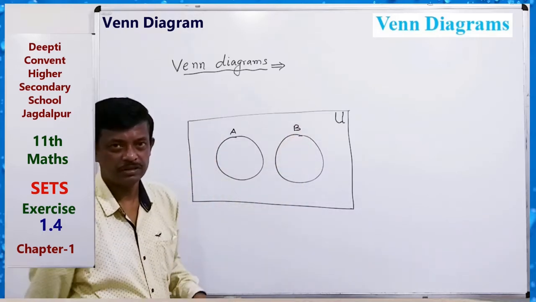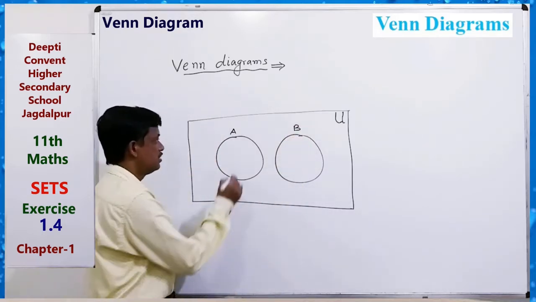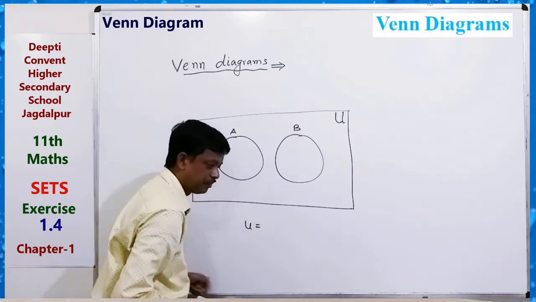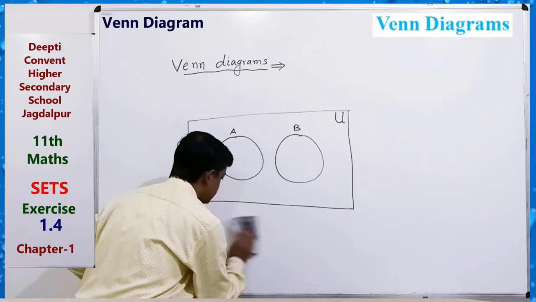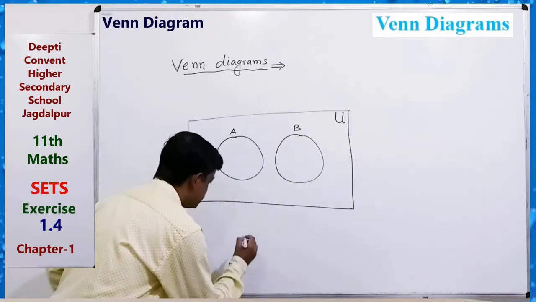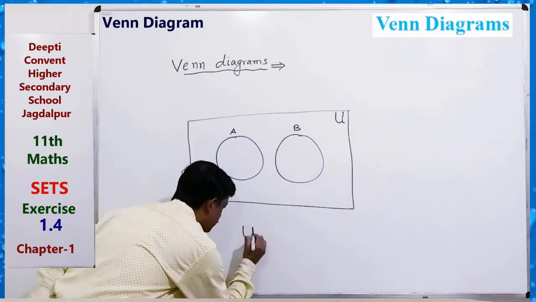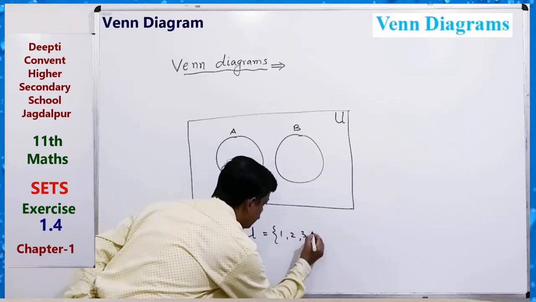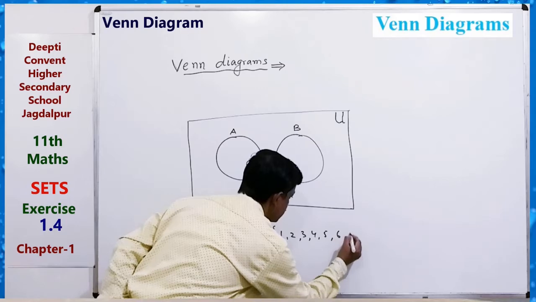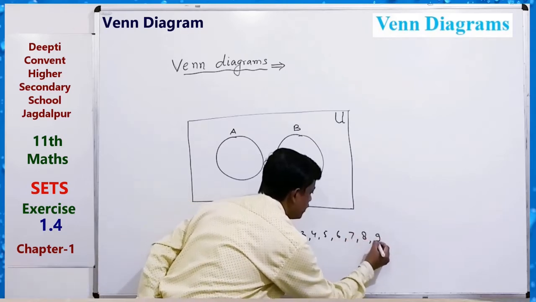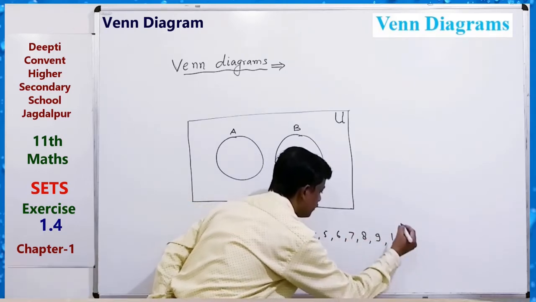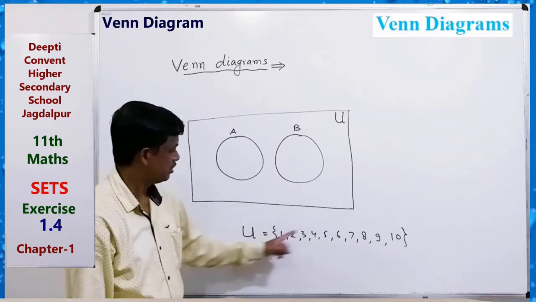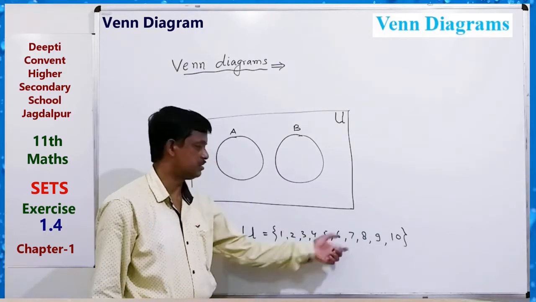For example, we can write like this. Suppose the universal set is 1, 2, 3, 4, 5, 6, 7, 8, 9, 10. Suppose, for example, the universal set is this.